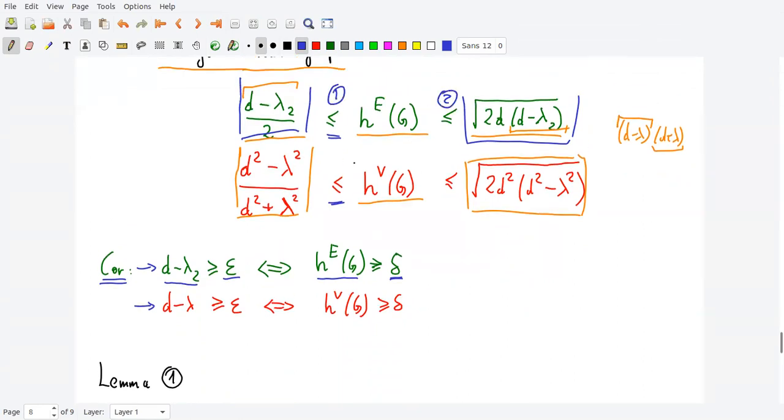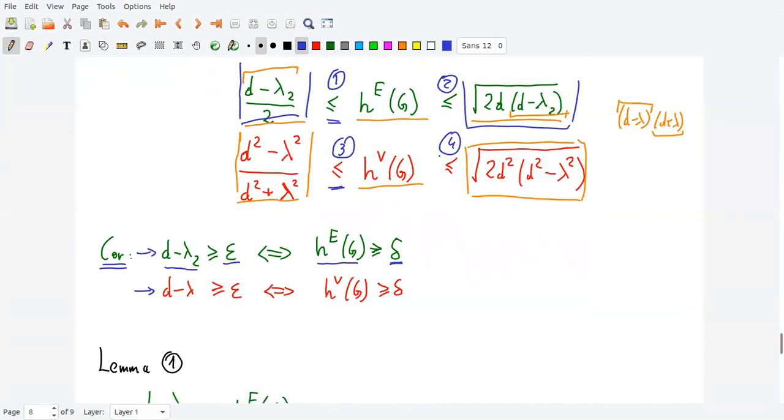But during the next lecture, we will be just focusing on proving all 4 of them because they are nice proofs and they show different ways of working with edge expansion and vertex expansion, and how you prove, for example, inequalities 2 and 4, because then it's a little bit different game: you need to start with some combinatorial property of your graph and reason about some spectral properties of the graph. Good. So this is what we will be doing during the next lecture.